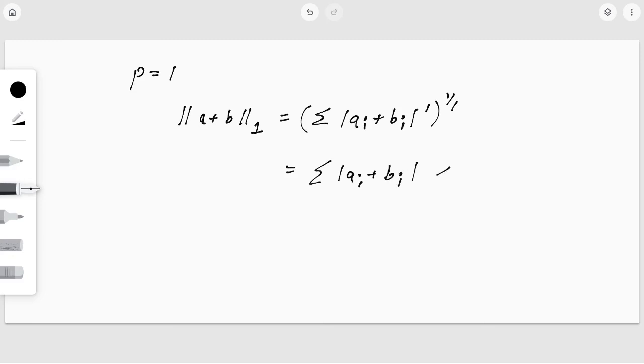And we know this is always less than or equal to summation mod Ai plus summation mod Bi. Now what is summation mod Ai? We can rewrite this as norm 1 of A, and this can be written as norm 1 of B. So we have obtained that norm 1 of A plus B is less than or equal to norm 1 of A plus norm 1 of B.